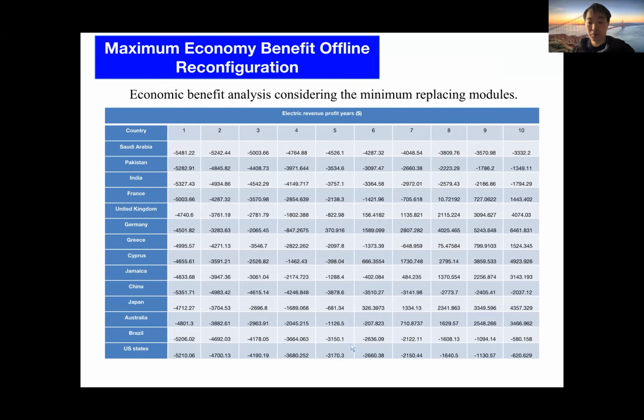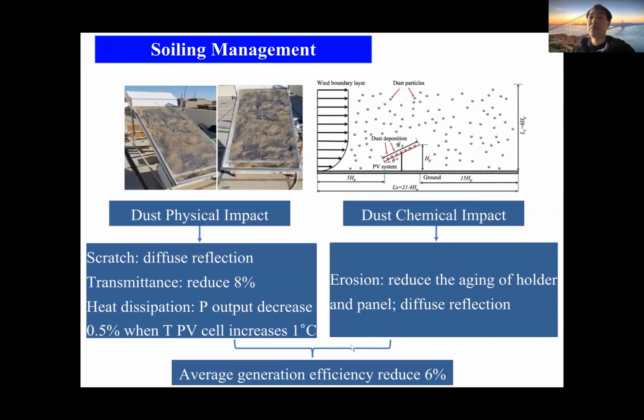I will skip this one. Finally, we discuss how to sort out the soiling problem of PV modules in cities. In cities, dust is a long-lasting problem that can decrease PV module efficiency and also result in disasters like fires.